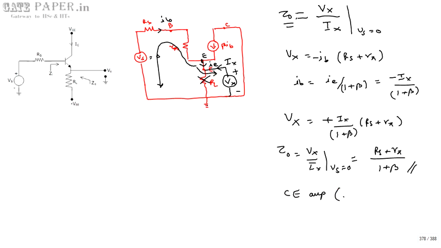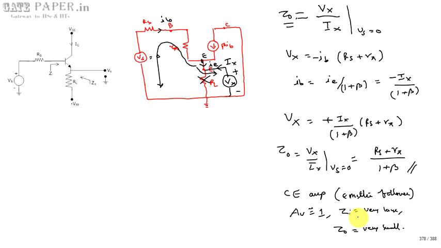This is the common collector amplifier, also called the emitter follower. The basic characteristics of an emitter follower are that the voltage gain is unity, Zi is very large, and Z0 is very small.